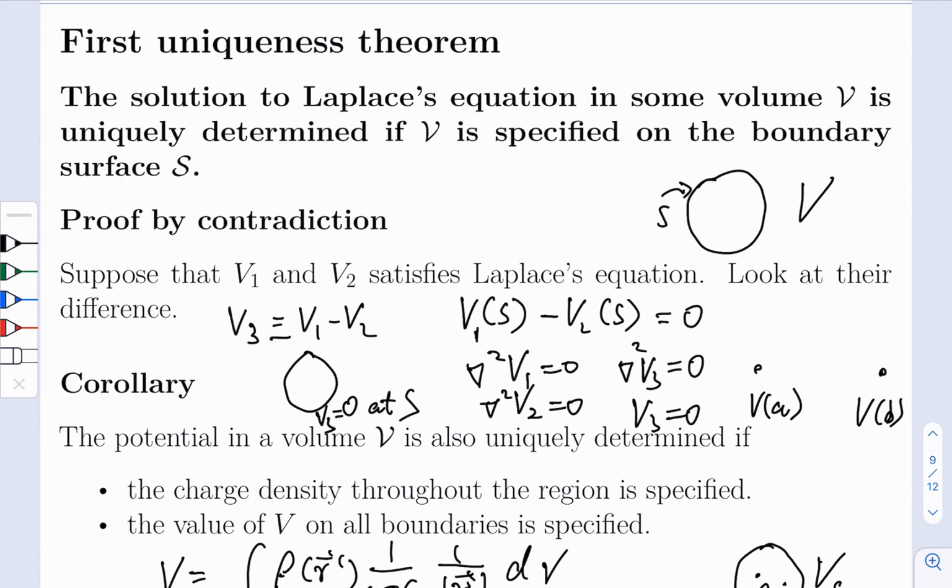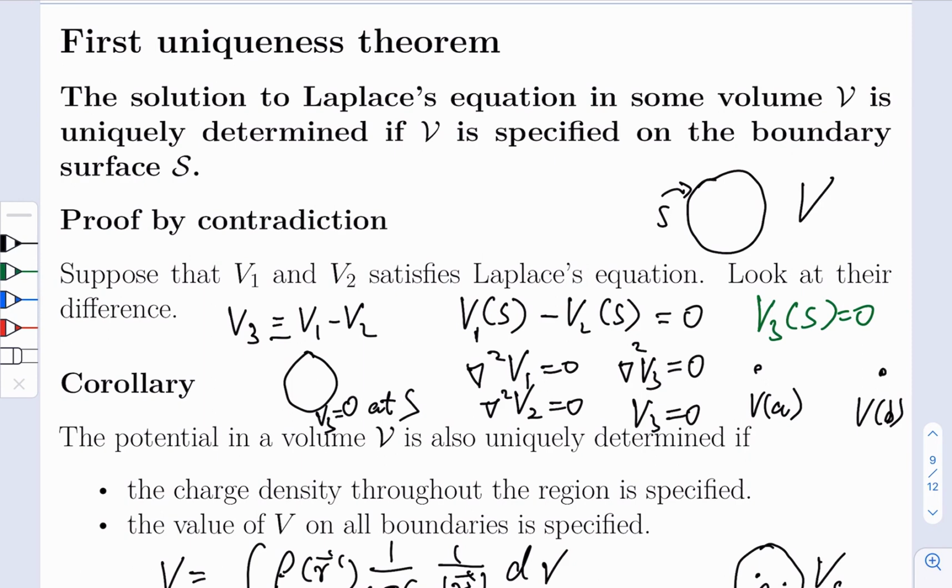To prove that, we can use proof by contradiction. Suppose there are two solutions that both satisfy the Laplace equation, so del squared V1 equals 0 and del squared V2 equals 0. Let's look at V3, the difference of V1 and V2. Because V1 and V2 are the same at the surface, their difference is 0 there, so V3 at the surface is 0.